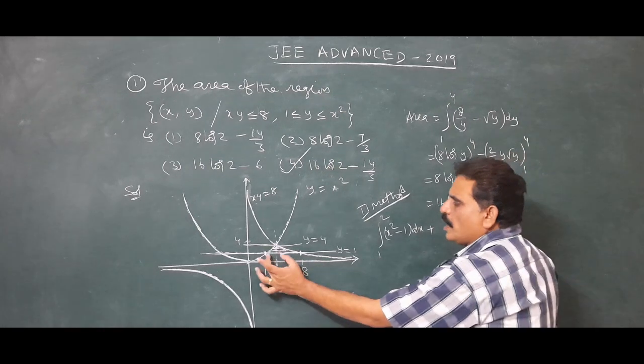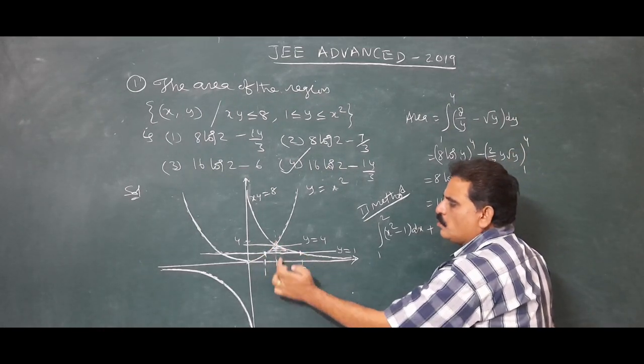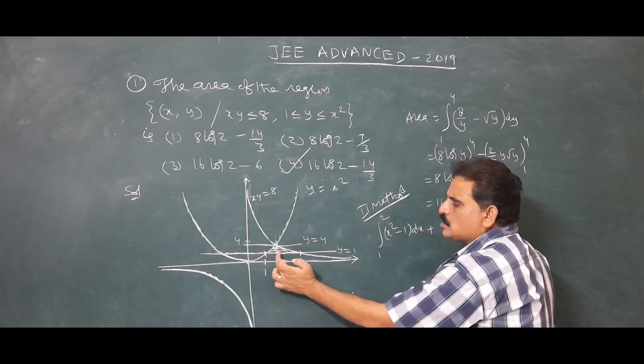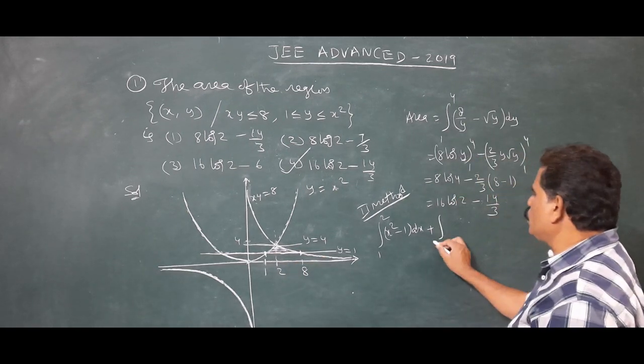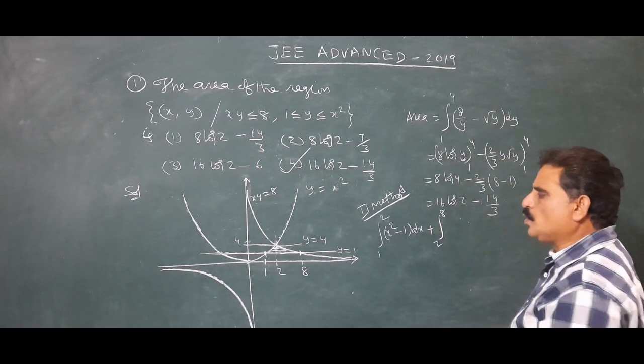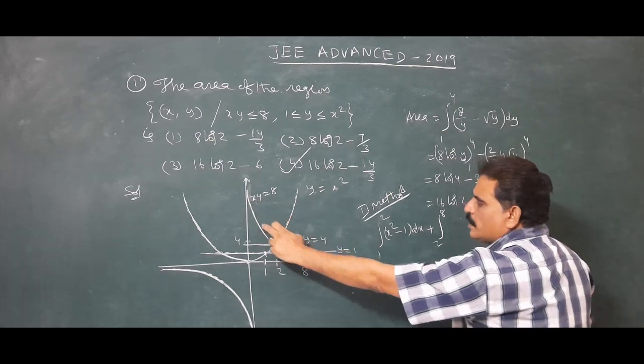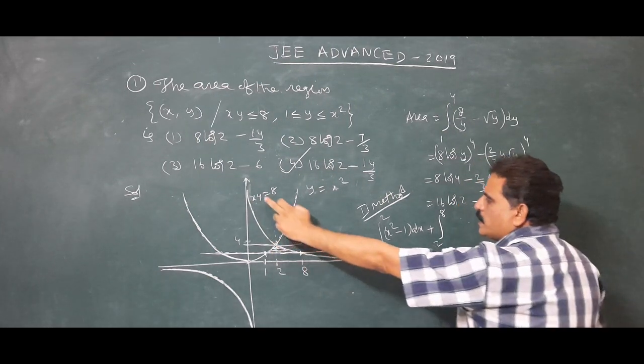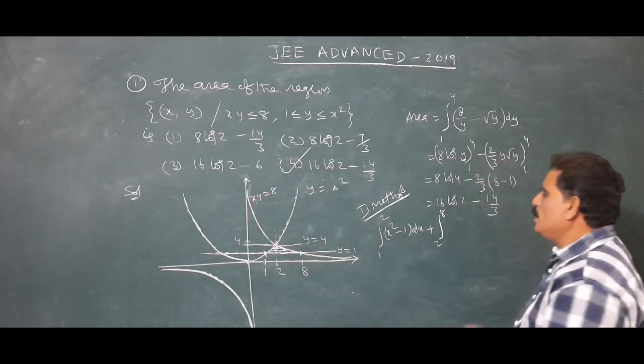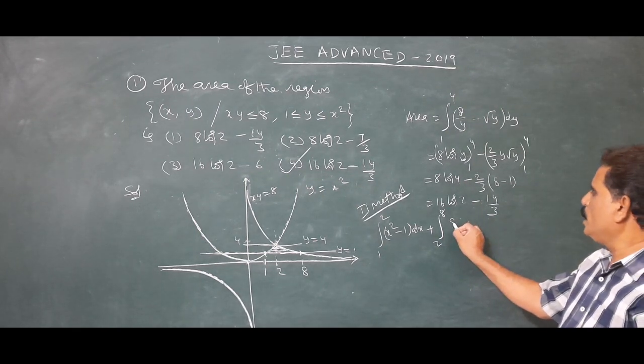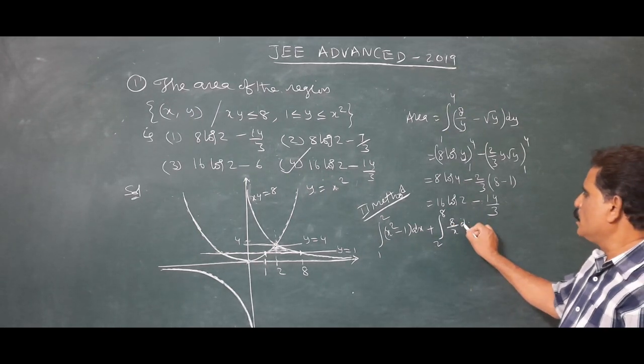Plus, we have to calculate this from 2 to 8 also. Integral 2 to 8, this curve converted in terms of x, y = 8/x, so 8/x dx.